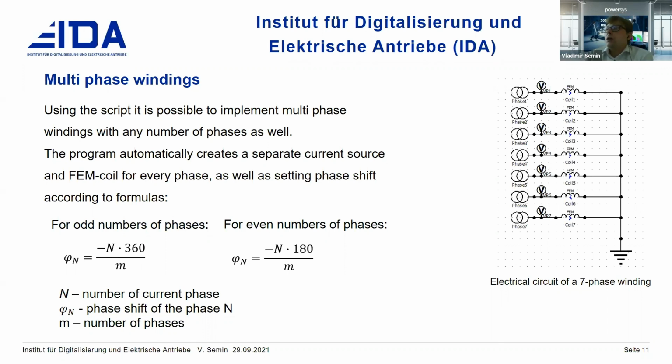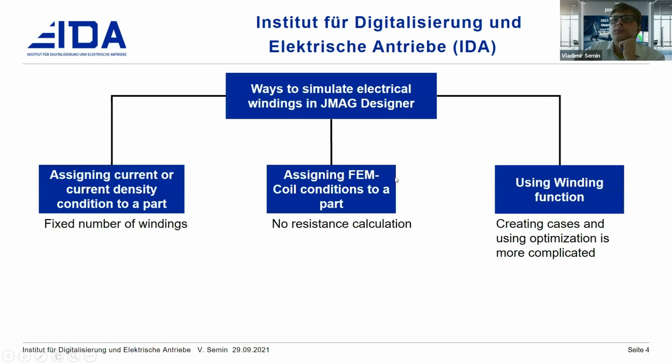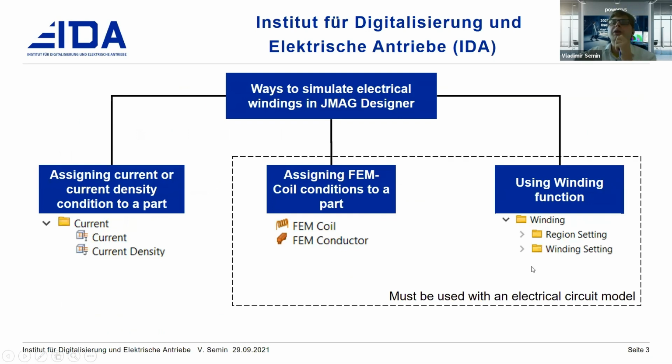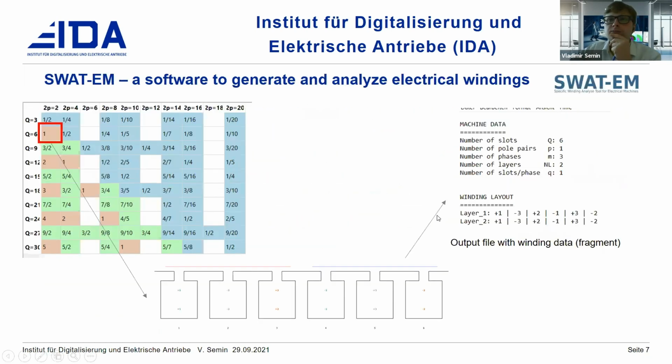If one had to investigate a fairly large number of different phase numbers, and at the same time different number of slots and pole pairs, that would mean that setting these conditions, which I showed here at the beginning, would take really a lot of time.